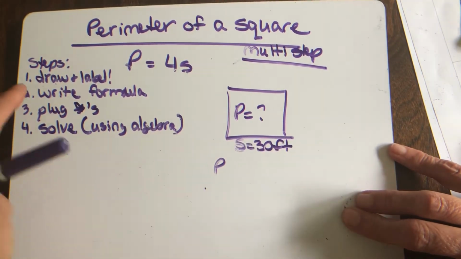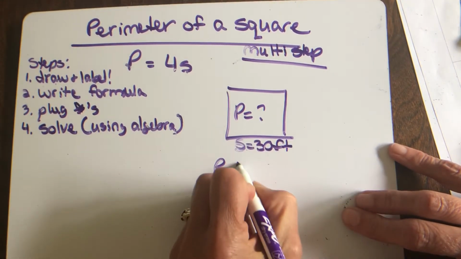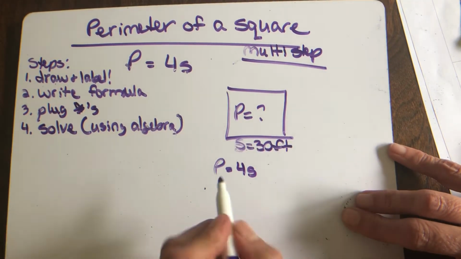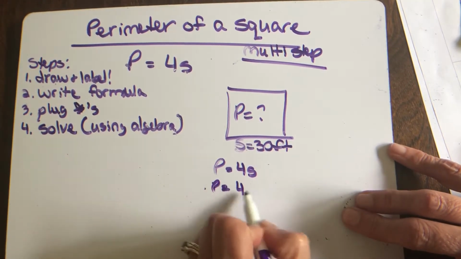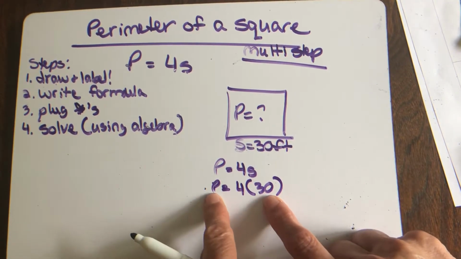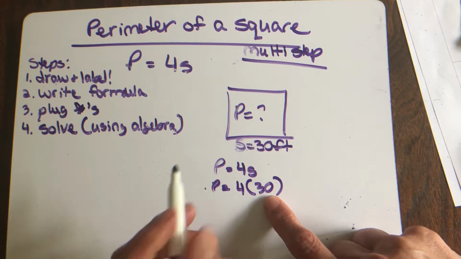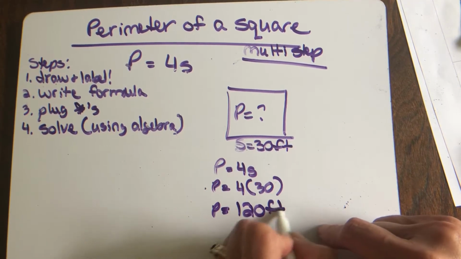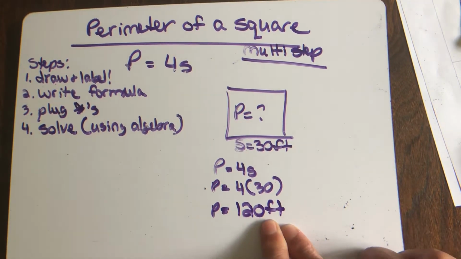We got it drawn and labeled, our steps. Write your formula, P equals 4S, because I need to know the perimeter of this track. When you put your numbers in, you see you're going forwards, just solving for perimeter. And the perimeter is 120 feet, plain old feet, not squared or anything.